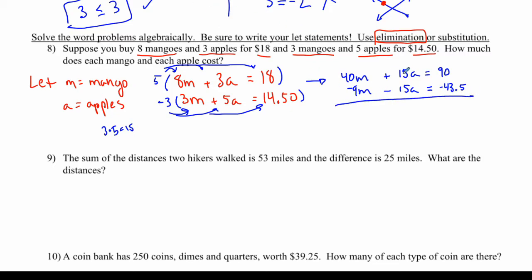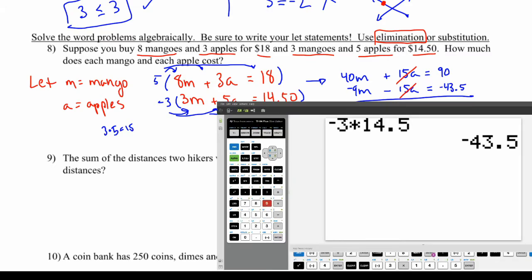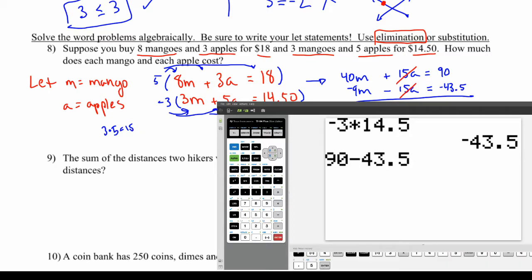Add everything up. Let's see, the 15 a's are going to cancel. We're left with 40 minus 9, so 31m. 90 minus 43.5. Yeah, I think we're going to need the calculator for that one too. So we'll do 90 minus 43.5 gives me 46.5.